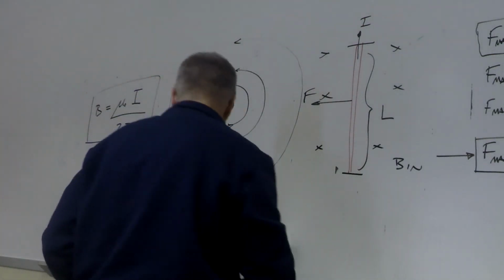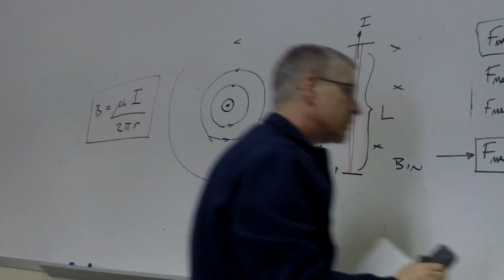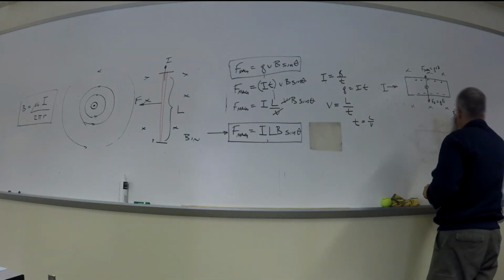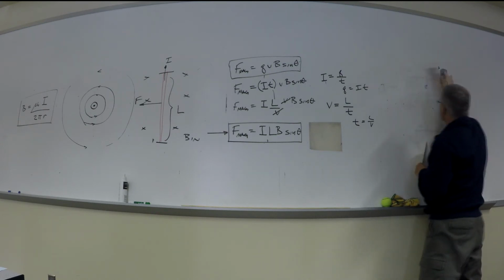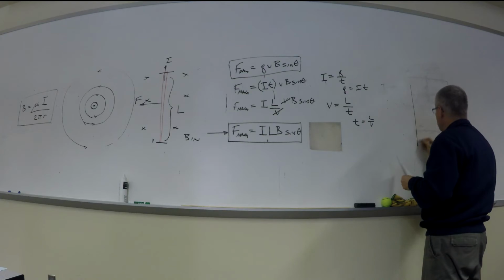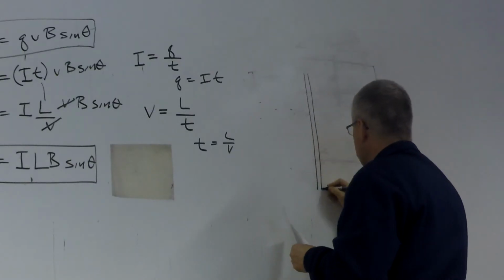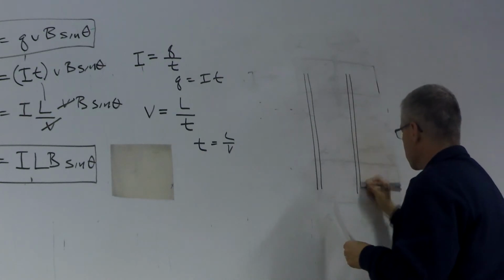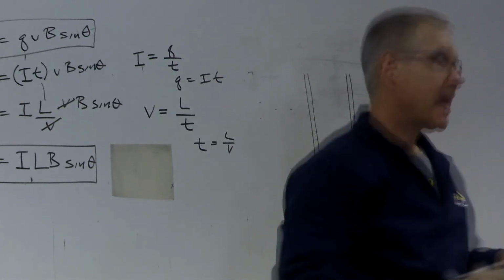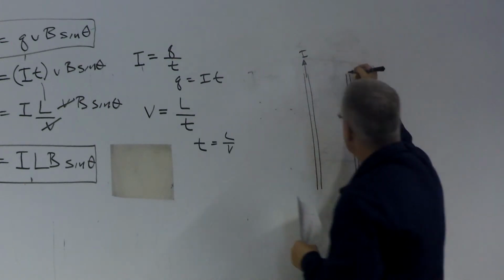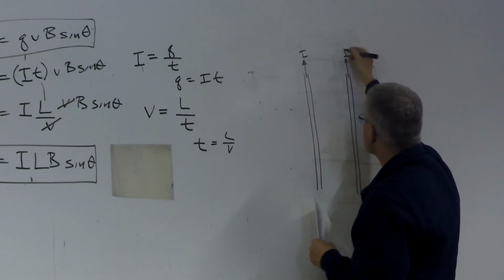In that case, what should happen if I've got this set up? If I've got two wires, and I put them next to each other, what happens if I send current through both of them, and the current's in the same direction?